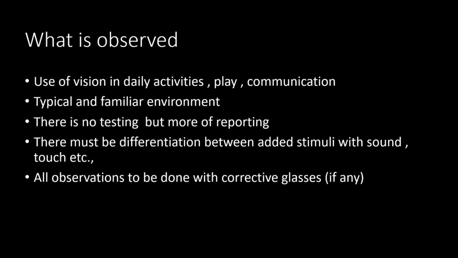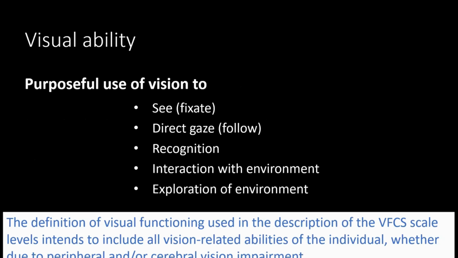Now, what we have been talking about visual function on all these slides, but what does it mean? It includes all the vision related abilities of an individual, where it could be because of peripheral impairment, that is ocular, the eye, or it is coming straight from the brain. So cerebral vision impairment.